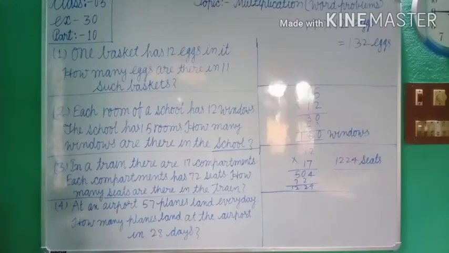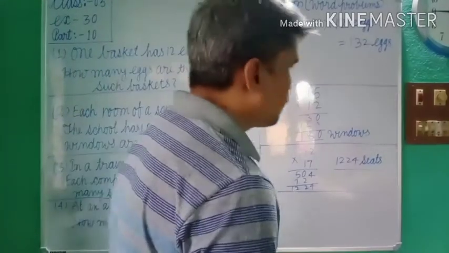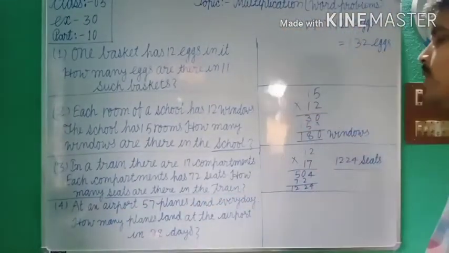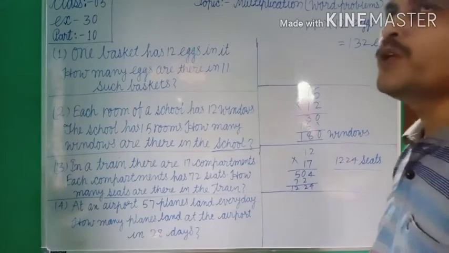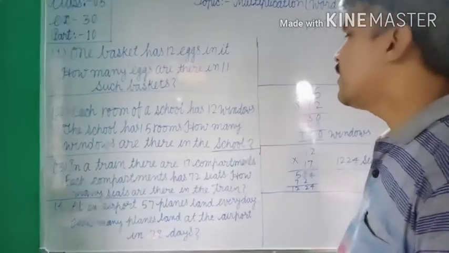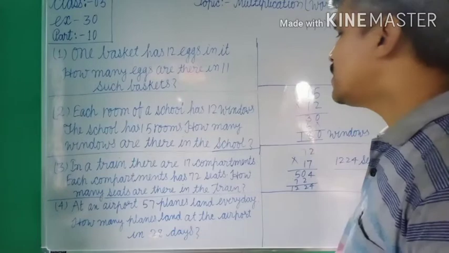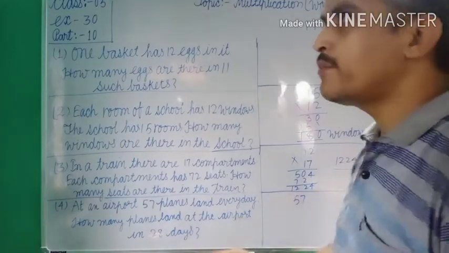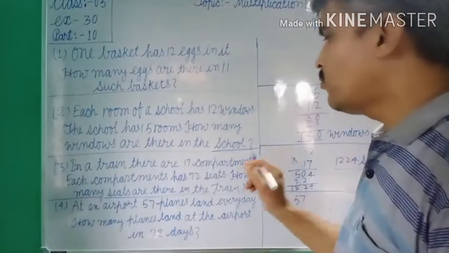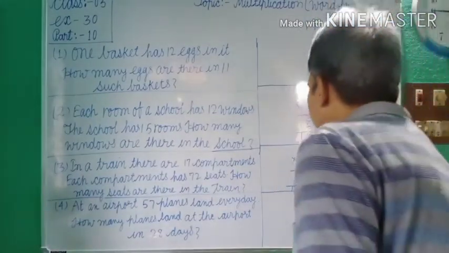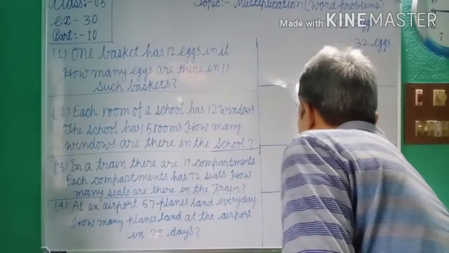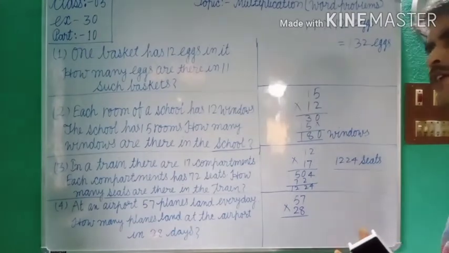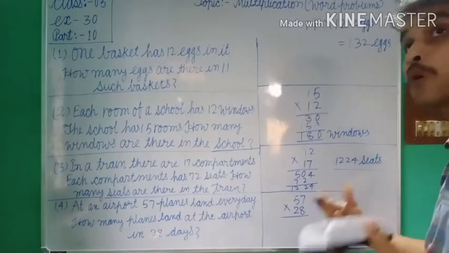And the last word problem. At an airport, 57 planes land every day. How many planes land every day at an airport? 57. Every day means one day. How many planes land at the airport in 28 days? You understand? One day 57, for 28 days. More planes land.